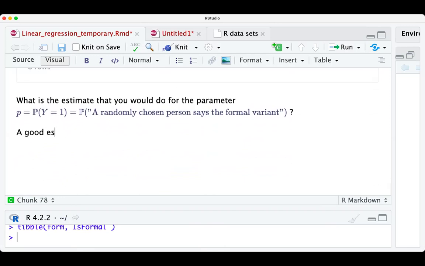So a good estimate is the number of ones divided by the total number of answers. So it would be this one.